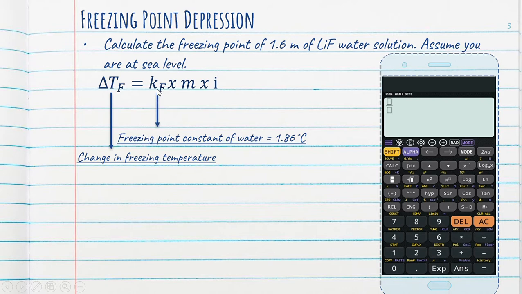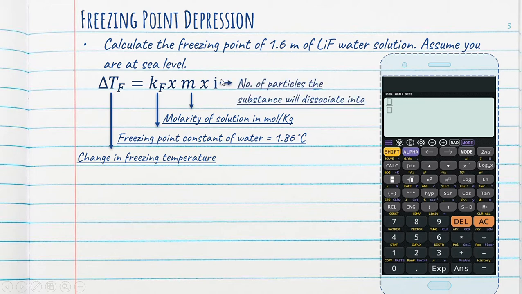This is the freezing point constant of water, which is 1.86 degrees Celsius. This is the molality of the solution in mole per kilogram. And this is used only for ionic compounds. It is the Van 't Hoff factor, which is the number of particles the substance will dissociate into.